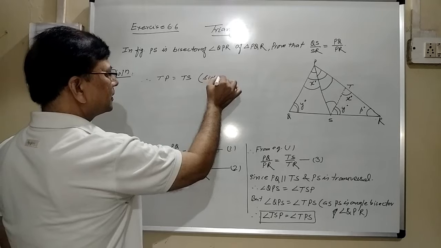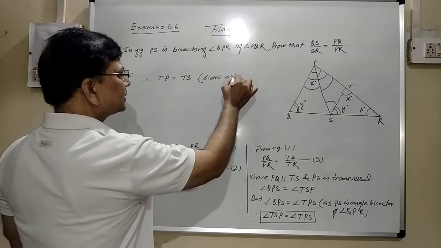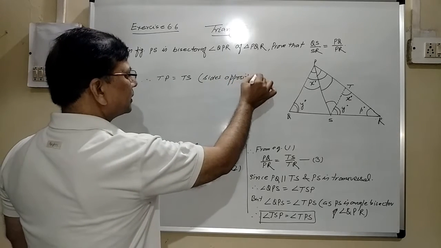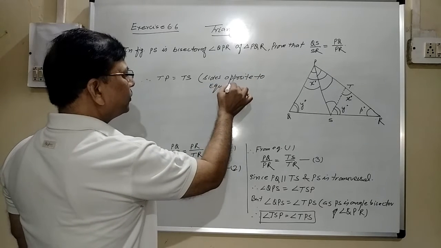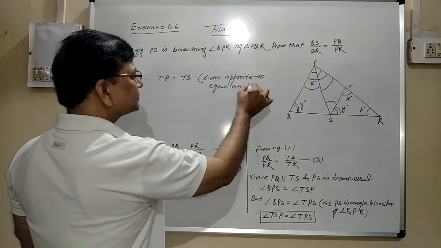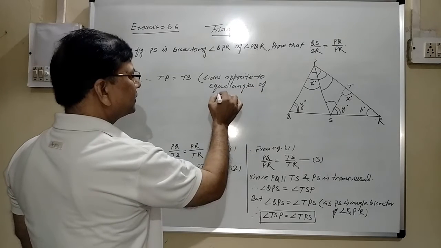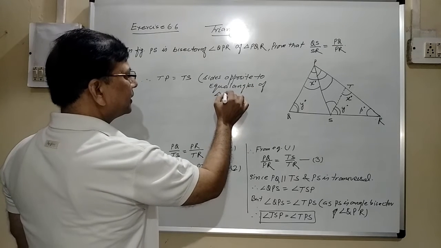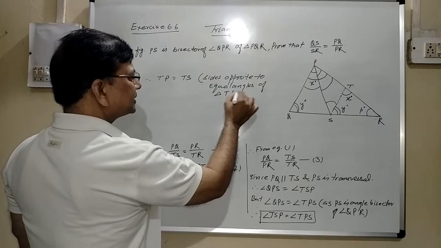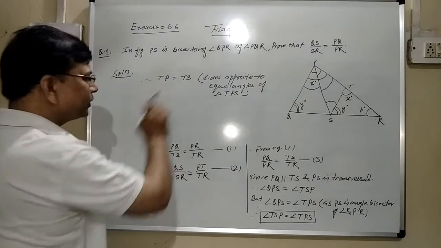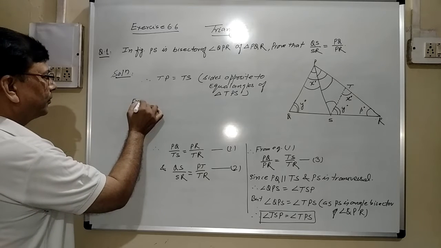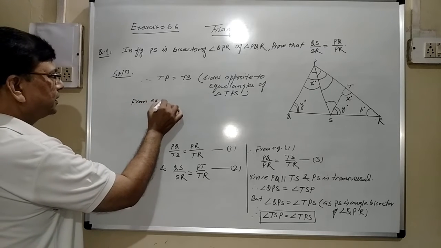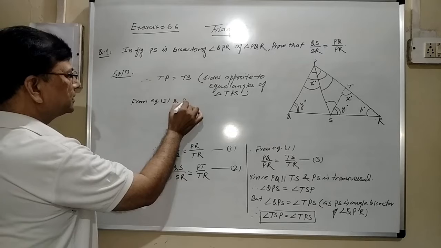Sides opposite to equal angles of triangle TPS, so TP is equal to TS. Then from equations 2 and 3.